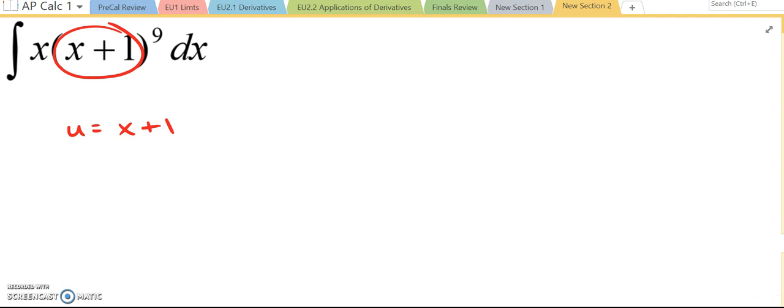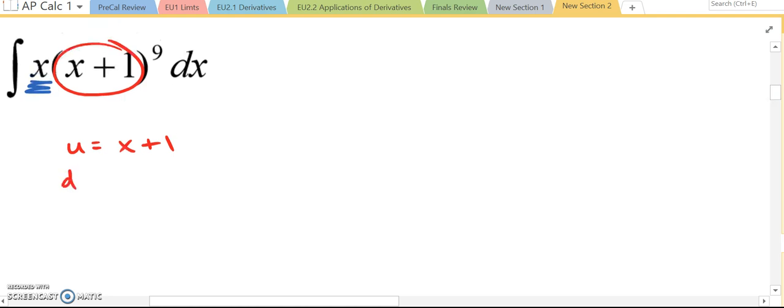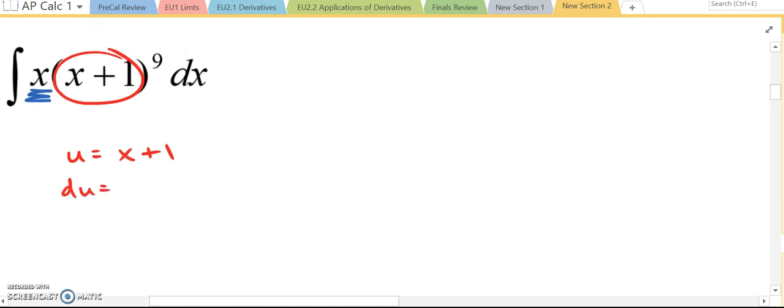Instead of dealing with x plus 1 and drawing out Pascal's triangle to figure out the coefficients, let's just make it u to the ninth. The problem is I also have this extra x over here, so my du is going to be a little messed up this time. Why do I have an x over here, and what can I do to help myself out?